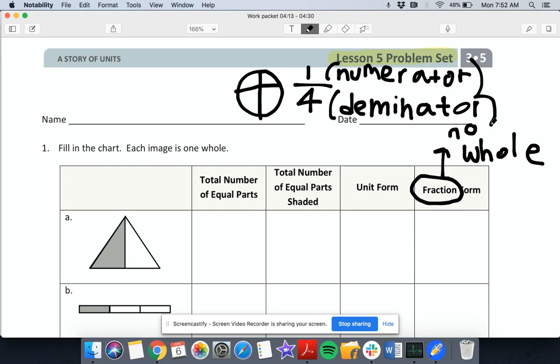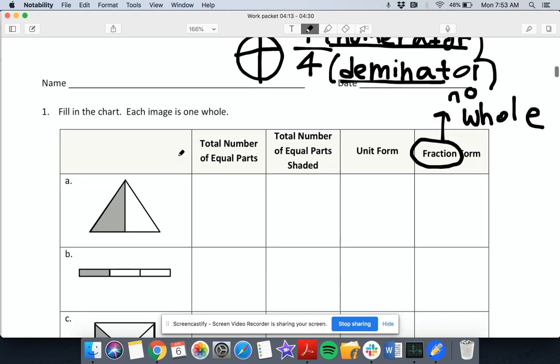Okay? So if you're a family of 4, it would make most sense for each person to get 1 slice of pizza. And that would be your numerator, your number on top. And your denominator is your number on the bottom, and it is the total number. So 1, 2, 3, 4. So 4 would be our denominator because it's the total number.